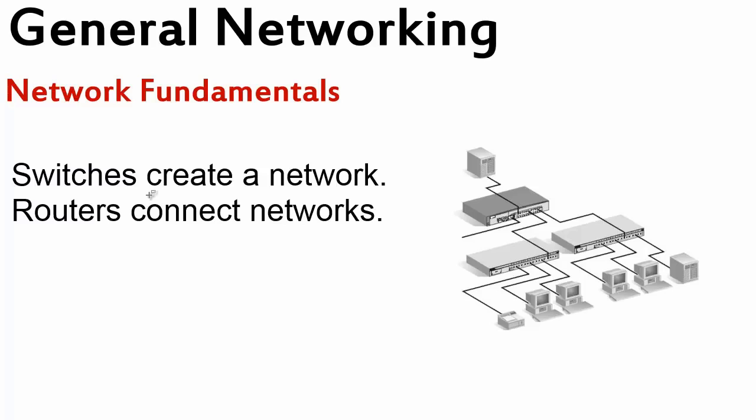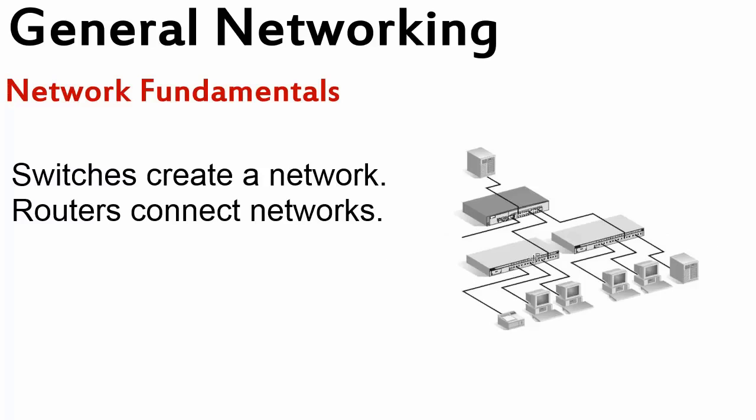Switches allow you to connect your devices in a local area network. It means if you want to connect a PC to a printer, a PC to a laptop to a scanner, then you use a switch to create a local area network.